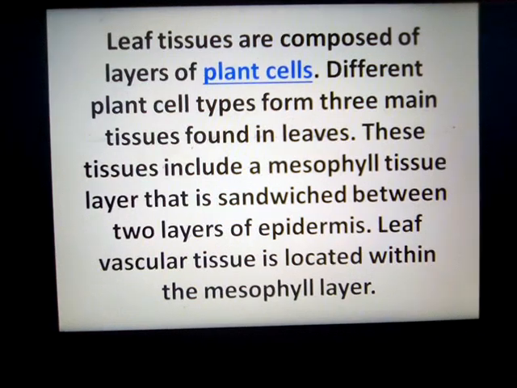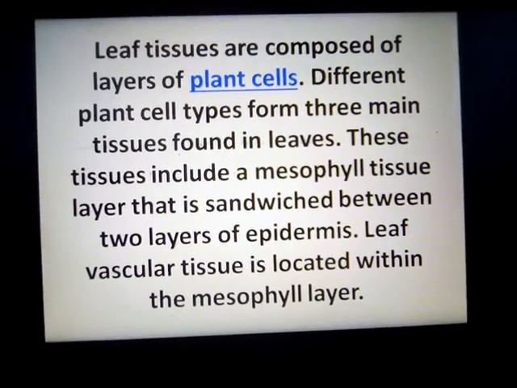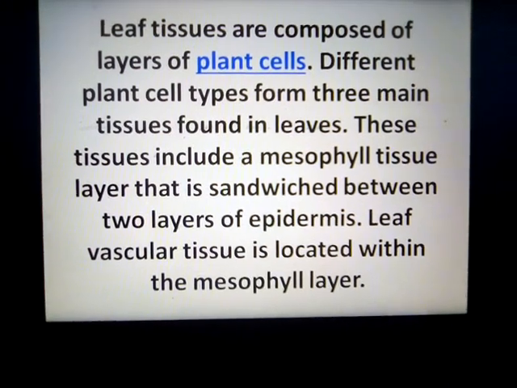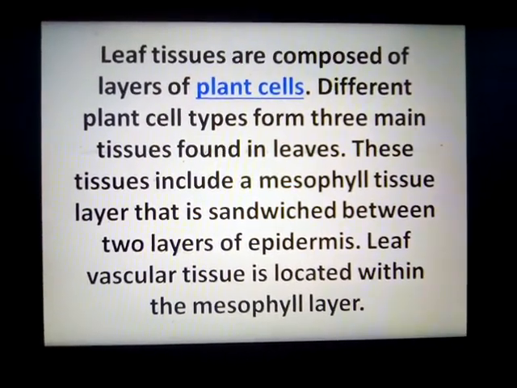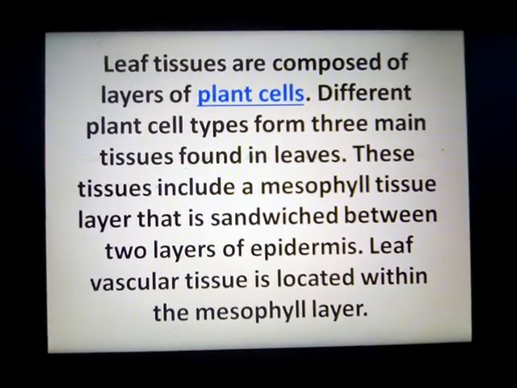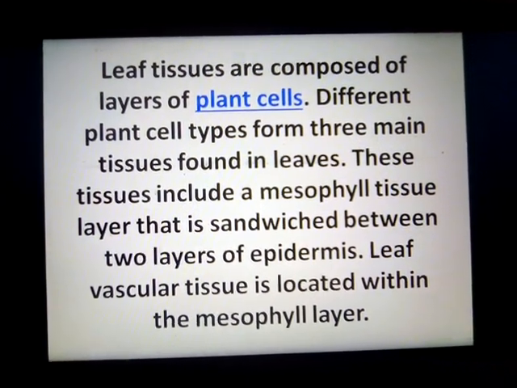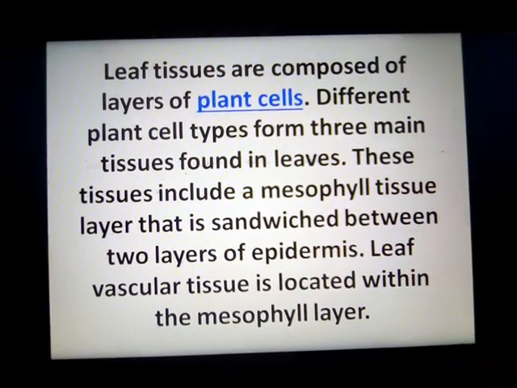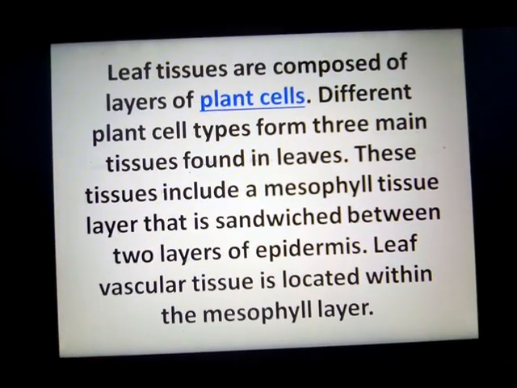Description of the internal structure of a leaf. You're writing. Leaf tissues are composed of layers of plant cells. Different plant cell types form three main tissues found in leaves.